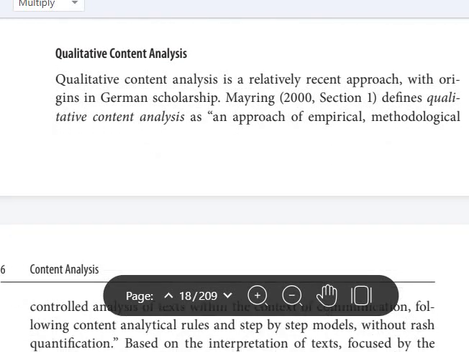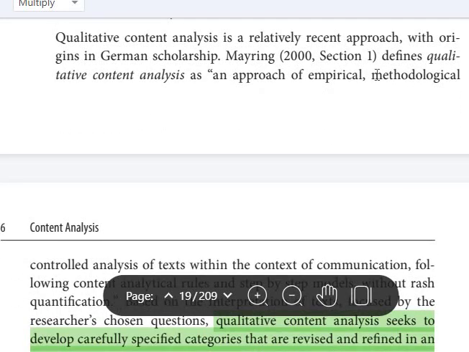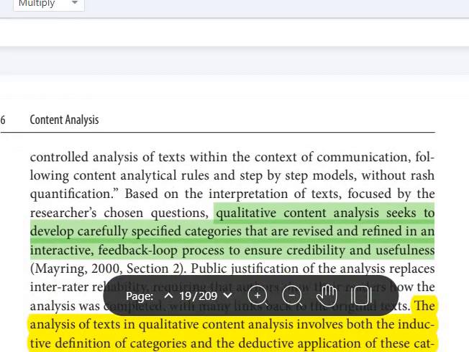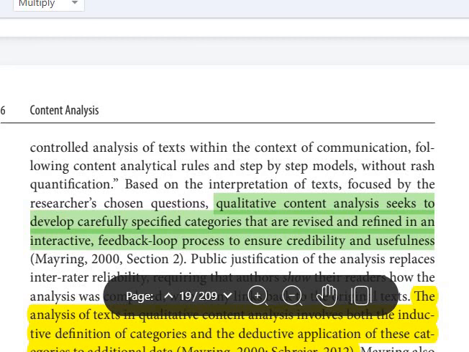It is an approach of empirical, methodological, controlled analysis of texts within the context of communication. Of course, here you follow rules and step-by-step models without rash quantification. There's no quantification, actually. We don't depend on quantitative analysis here.